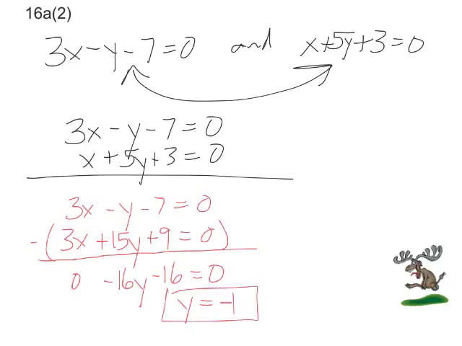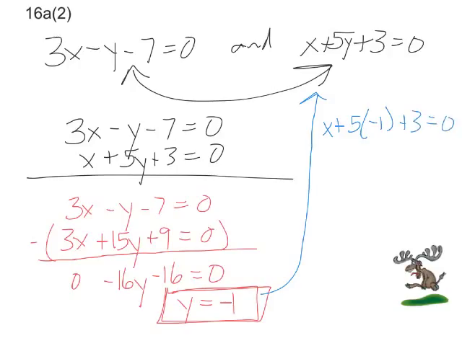So there's our y coordinate, and then we want to find the x coordinate, and we will do that by substituting it in. x plus 5 times negative 1 plus 3 is equal to 0. And we get x minus 5 plus 3, x minus 2 equals 0, x equals 2.